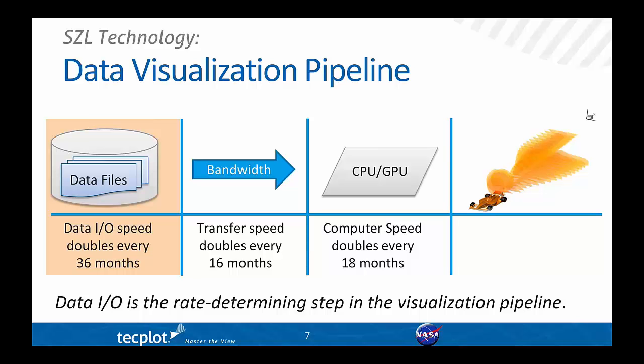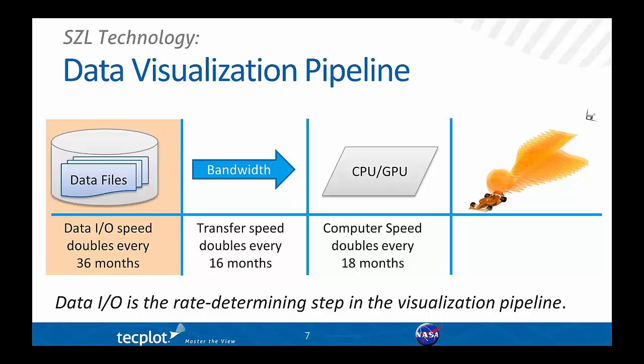And this is just a really simple view of the visualization pipeline. It starts with reading data off the disk, going through some sort of a network to the computer, CPU, and graphics processing unit, and then generating an image.